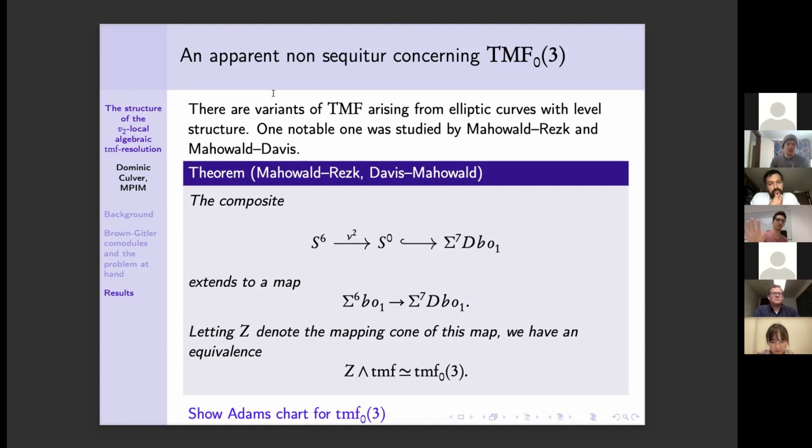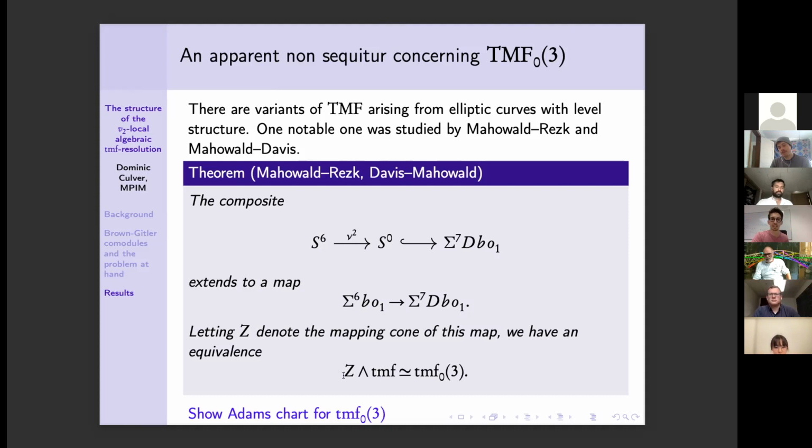They show that this map extends to a map from the 6-fold suspension of BO1 into the 7-fold suspension of the Spanier-Whitehead dual. They take the cofiber of that map and call it Z. They show that Z has a map into TMF03. Then because TMF03 is a TMF module, you can induce up to a map from TMF smash Z to TMF03. And they show that that map is an equivalence.